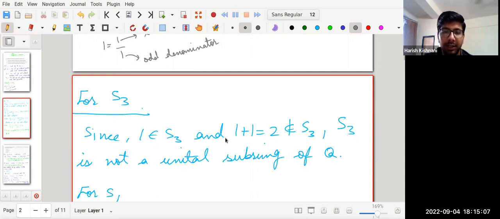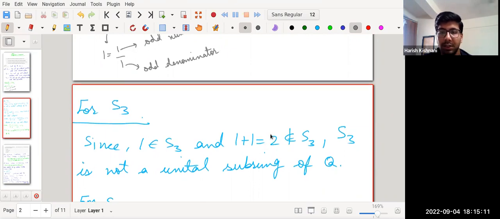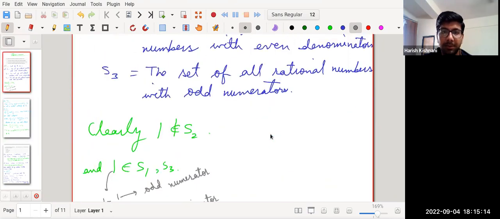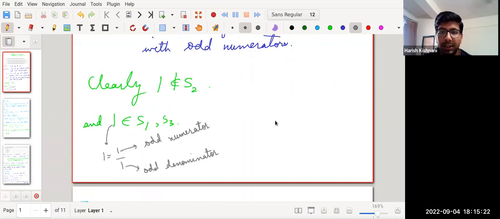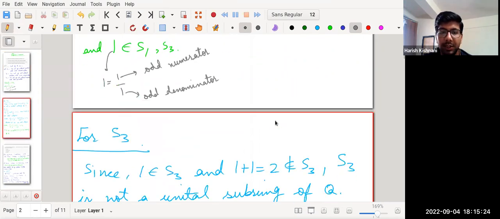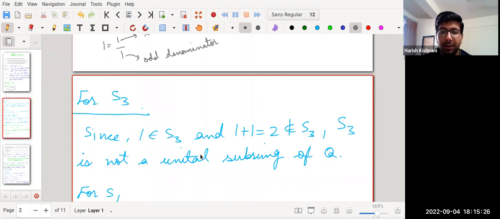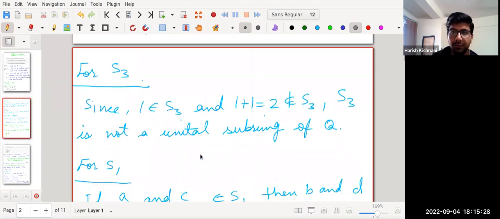For example, 1 plus 1 is 2, a rational number with an even numerator. But S3 has all rational numbers with odd numerators. So 2 is not inside S3. So S3 is not a unital subring of Q.